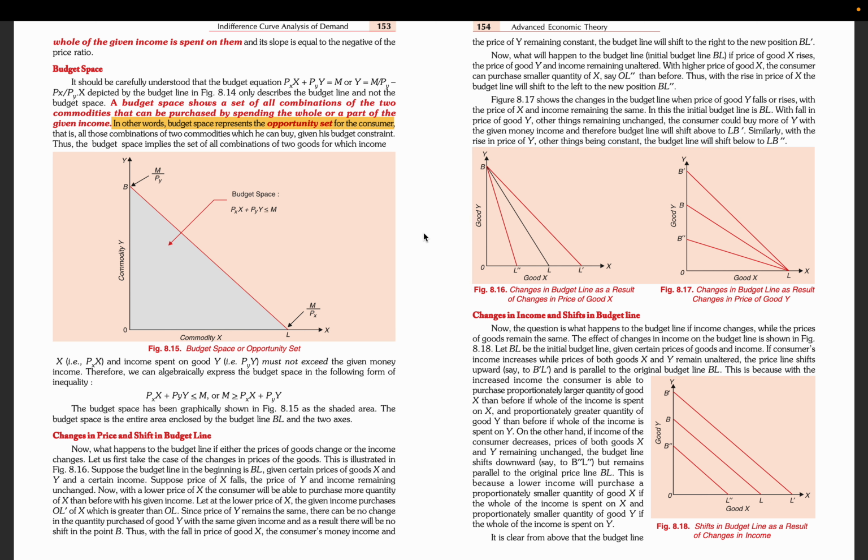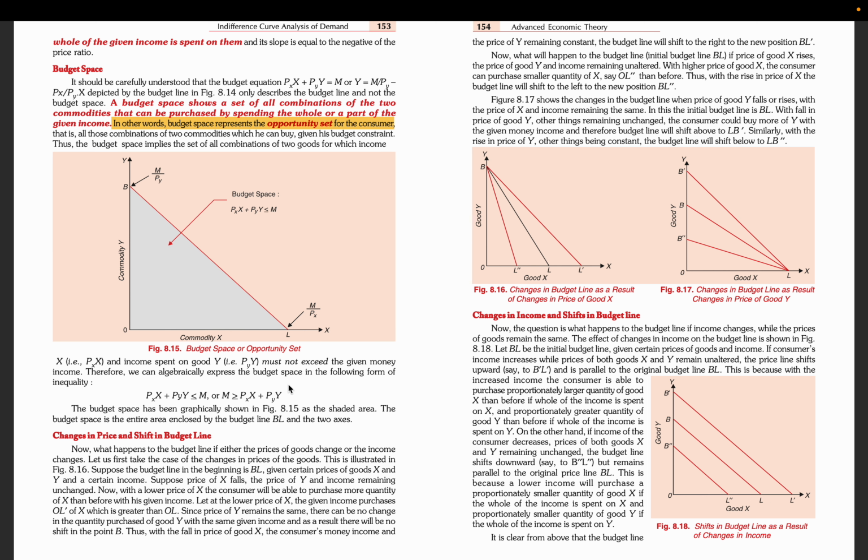Therefore, we algebraically express the budget space as PXX plus PYY less than or equal to M. The budget space has been graphically shown in figure 8.15 as a shaded area, the entire area enclosed by the budget line BL and the two axes.